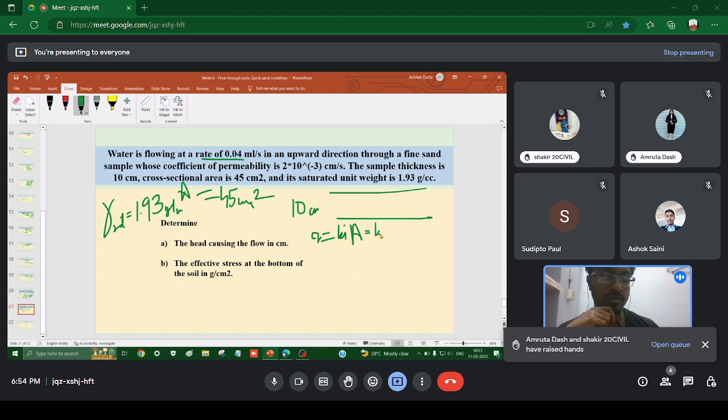I equals the head causing the flow, H by L, into A. So you know Q. What is the formula for H? H equals QL by KA. This is the value of K given over here. Now tell me the value of H.